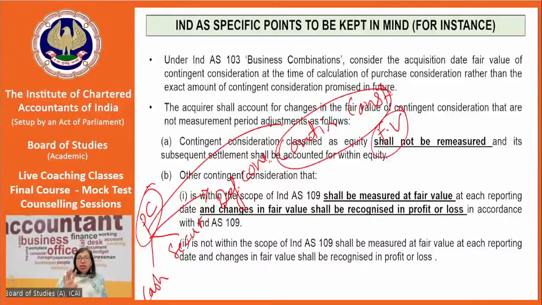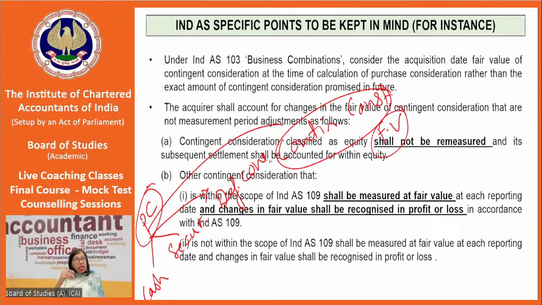Your date is not changing, but certain facts you were not able to estimate or identify at that time. Later it came to mind, for example, an unidentified liability which you forgot to take into account. So you have a 1 year period. You can identify it and revise the purchase consideration. But that unidentified liability should exist on that particular acquisition date.